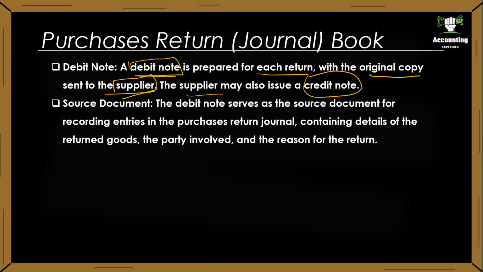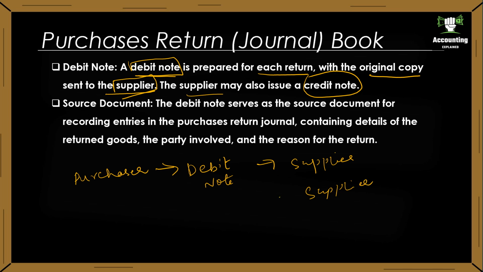In this case, you are the purchaser, so you will be giving the debit note to the supplier, whereas the supplier will be giving you the credit note. This you have to remember: the purchaser gives the debit note, the supplier gives the credit note.